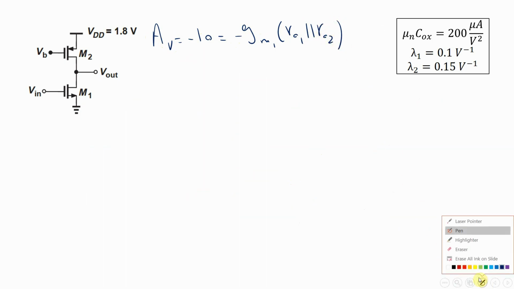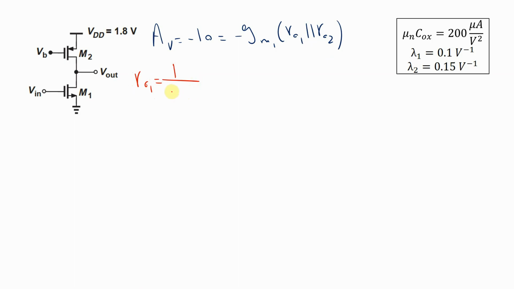Now, how can we calculate RO1 and RO2? For the NMOS transistor, RO1 is 1 divided by lambda1 times I drain, because of channel length modulation. Lambda1 is 0.1 times 0.5 milliamp for the drain current, because this is in milliamp, RO1 is calculated in kilo ohm.